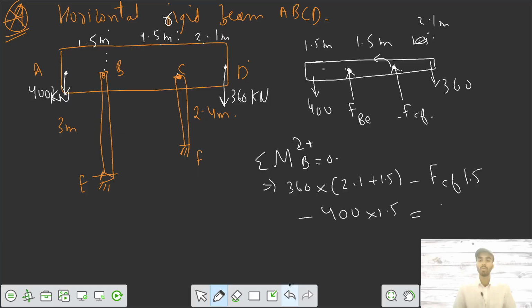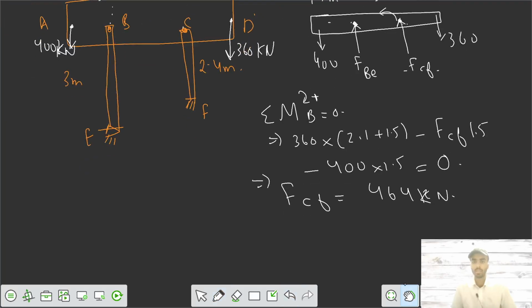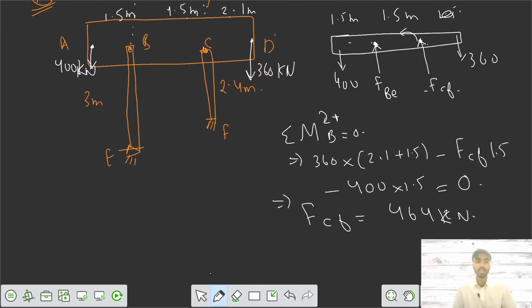The net value has to be 0. So the force in bar CF has to equal 464 kilonewton. And similarly, by force equilibrium, we can find FBE. I have calculated FCF.